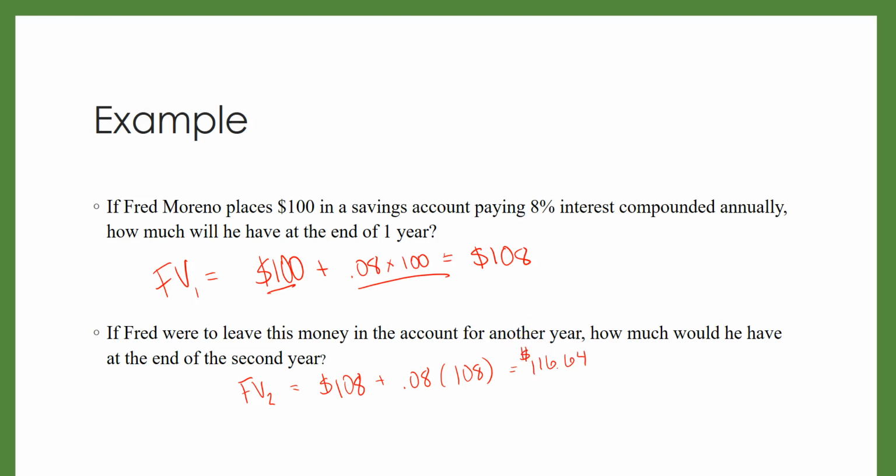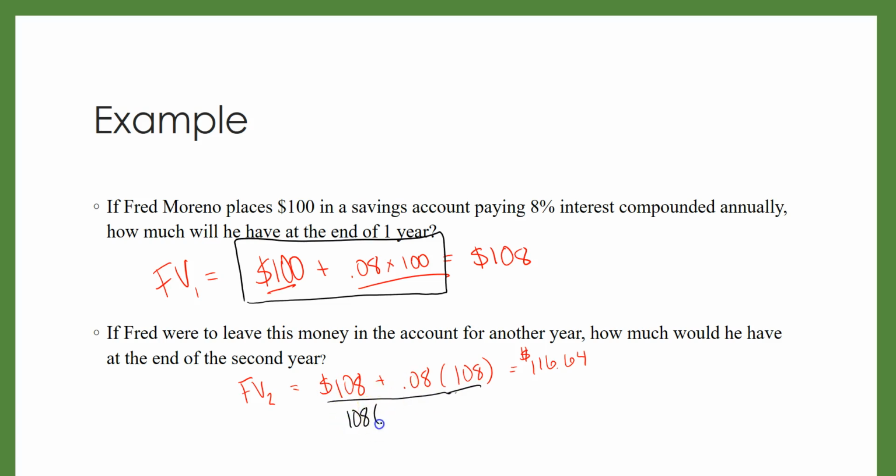But we could really break this down more, because we know that $108 is equal to 100 plus 8% times 100. So let's do a little bit of reconfiguration here. Let's first notice that we could factor out the 100.